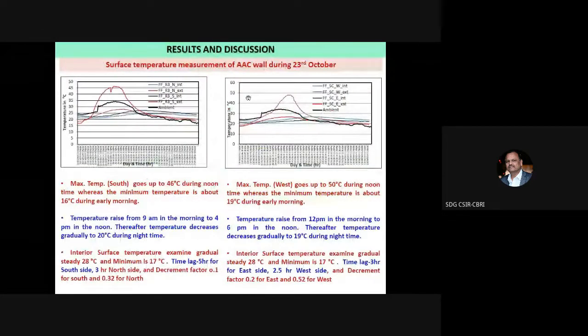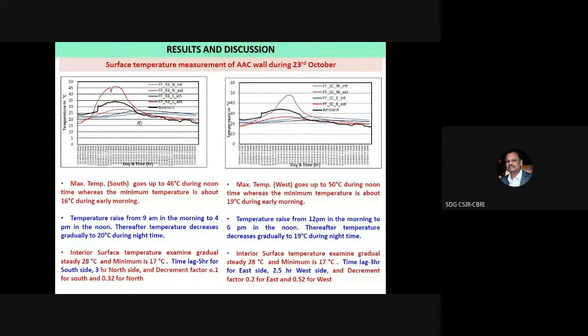If we discuss the results, you can see the surface temperature observations of the AC wall on a particular day, 23rd October, which is not peak summer and not peak cold, it is a comfort temperature condition.